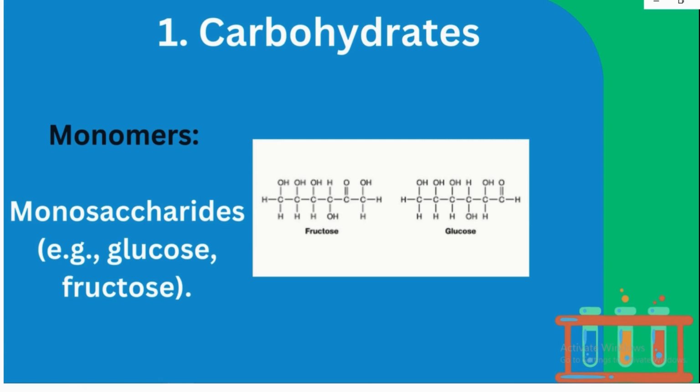So what is the monomer? Carbohydrates having the single entity is known as the monomer, which we call the monosaccharides. For example, glucose and fructose are monosaccharides. This general diagram shows the picture of the fructose and the glucose. Monosaccharides mean one single chain of the carbohydrates.